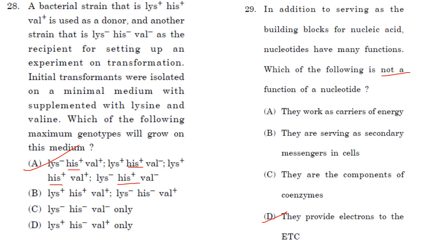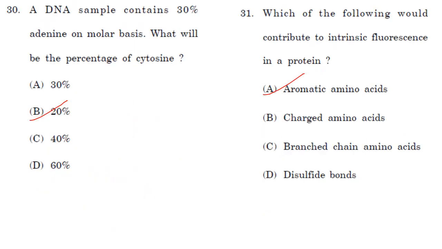They are components of coenzymes, yes, like nucleotide adenine for NAD, NADPH, FADH. They provide electrons to the electron transport chain? No, they do not provide electrons to the electron transport chain. So, which is not a function of nucleotide is option D.